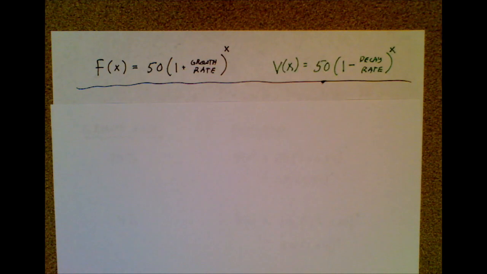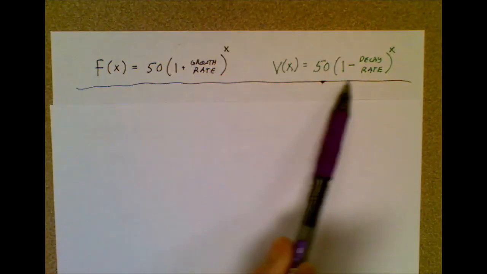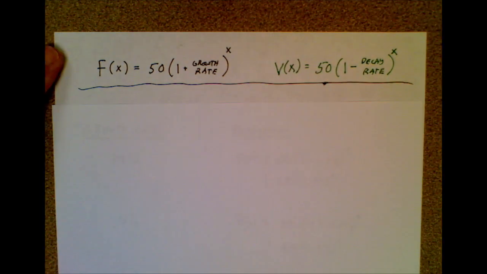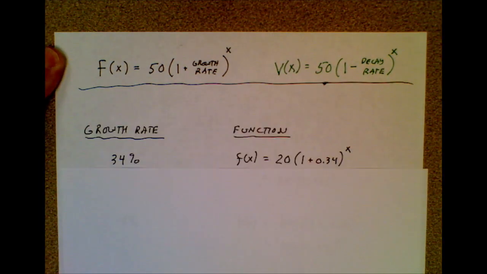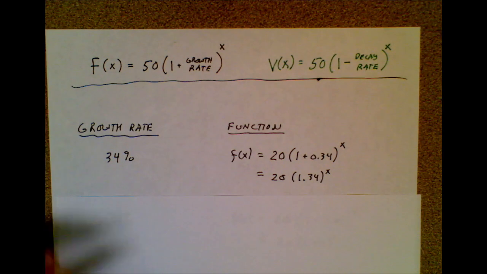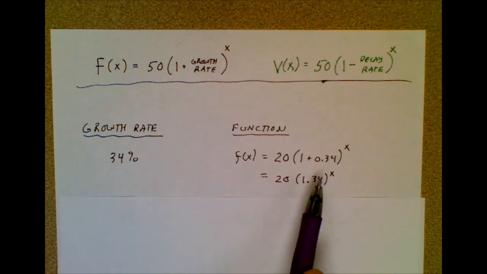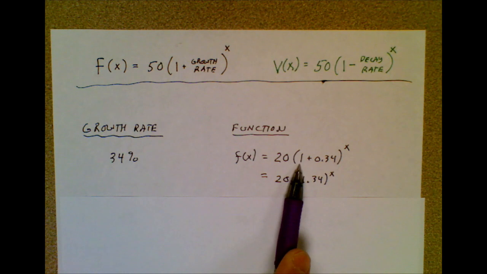So we're going to take a look at how that growth or decay rate shows up in the equation. And I have a form up here that you may or may not need to use because this might go very intuitively for you. For example, if I had a 34% growth rate, what I'll end up doing when I make my equation is I'll plug that 34% in as a decimal and combine it with a 1.